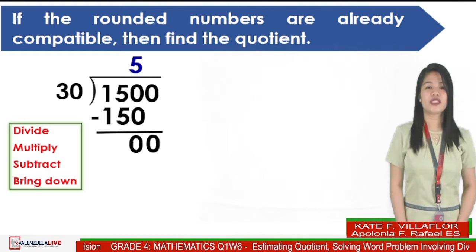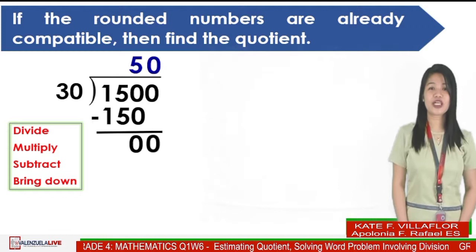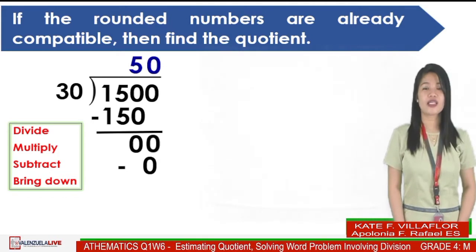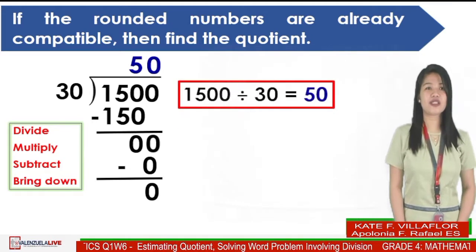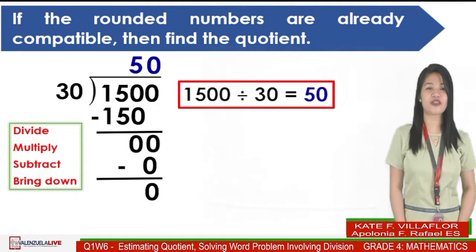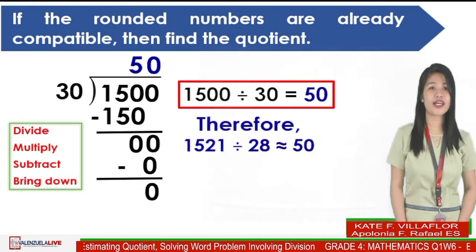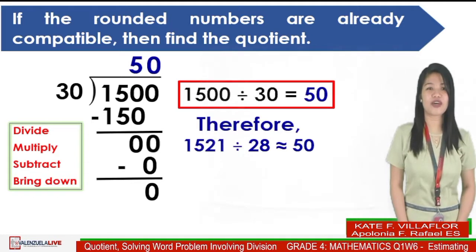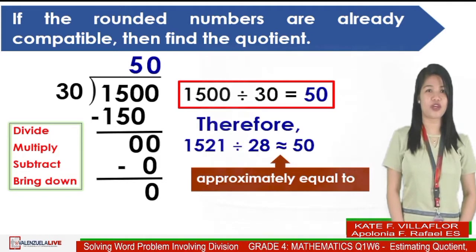Divide. 0 divided by 30, the answer is 0. Then 0 times 30, the answer is 0. Subtract 0 minus 0, the answer is 0. 1,500 divided by 30 is equal to 50. Therefore, 1,521 divided by 28 is approximately equal to 50.